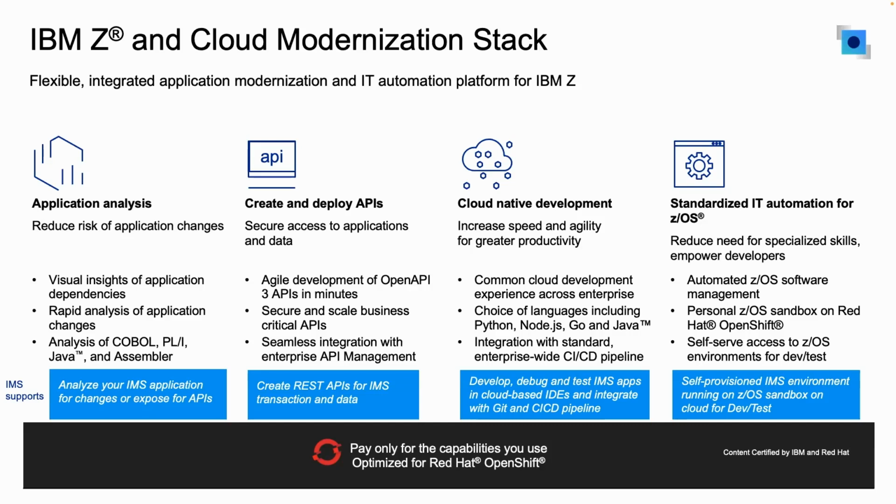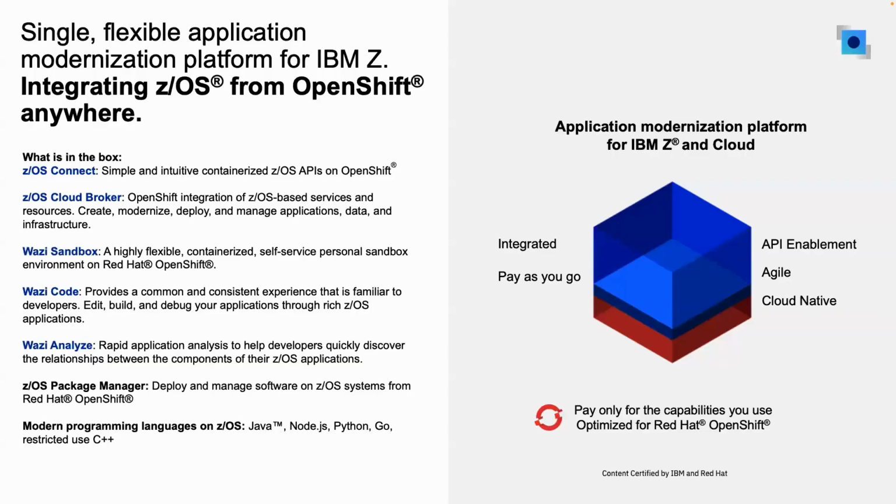And one of the new functions that we want to share with you today, and we have a preview program available, is to allow you to self-provision an IMS environment running in the development sandbox that you'll be able to use for your IMS application development and test work. So we're going to switch to that in a minute, and actually Brian is going to show you a demo of that new feature.